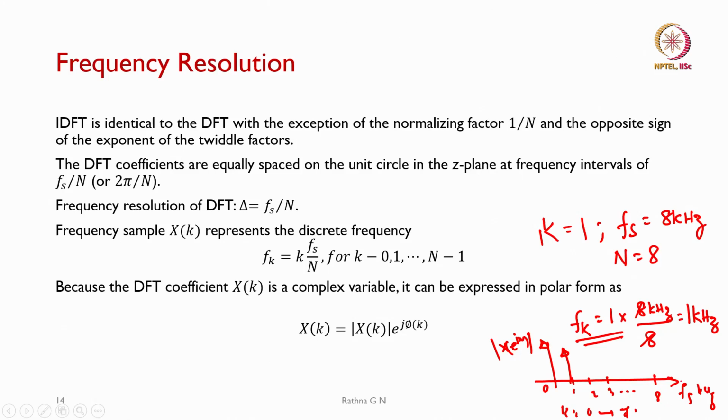So, this is how you calculate, and then we know that the DFT coefficient X is a complex variable. So, it can be expressed in polar form as X of k is equal to magnitude of X of k into e power j phi of k. So, this represents my phase and this represents my magnitude.